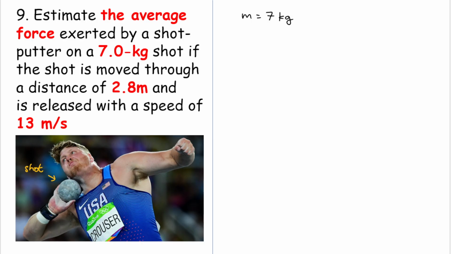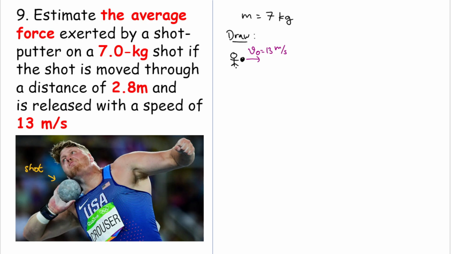Because this is a physics problem, we should always draw the problem. Let's suppose this athlete throws the heavy shot and releases it with an initial velocity of 13, so v0 is equal to 13 meters per second.